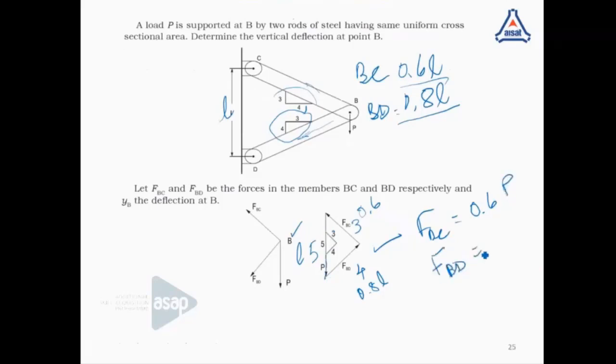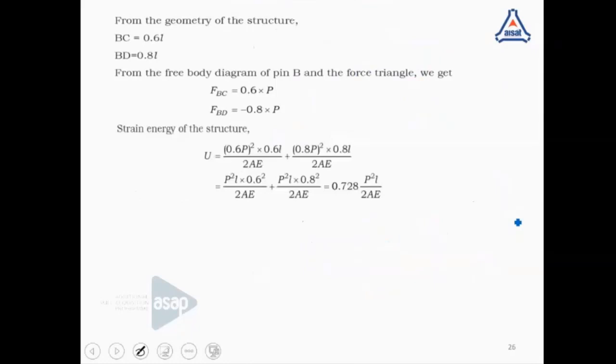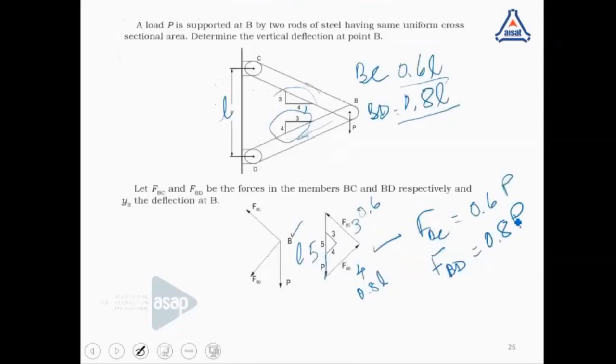FBD is equal to 0.8 P. This is only the free body diagram, and from the geometry of the diagram, we got these values. FBD is acting in the downward direction. The direction also we have to consider. BD is actually acting in this direction, but we have taken it in the opposite direction. That is why we have to use minus 0.8. For the construction of the triangle, we have reversed that direction.